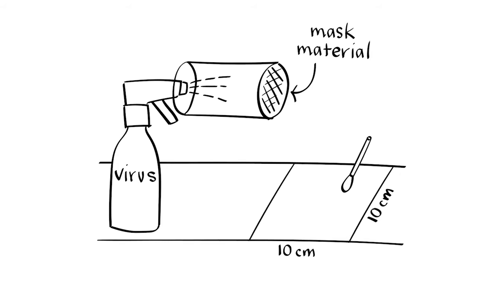Then I'm going to take a little cotton swab and measure how much of the virus falls down onto the lab bench on the other side in a set area of 10 by 10 centimeters. In these trials, you want to make sure that everything is the same to the best of your ability, except for the one thing you want to change. In this case, the thickness of the fabric.